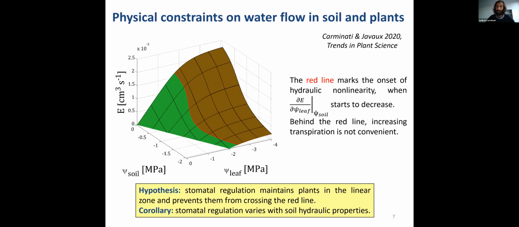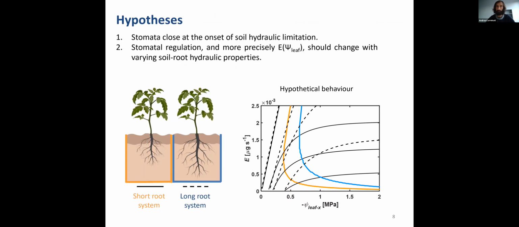There is a consequent hypothesis, a corollary to the hypothesis that stomatal regulation maintains the plant in the linear zone, which is that stomatal regulation then varies with varying soil hydraulic properties. It means that if this hypothesis is true, if I change the soil properties or if I change the root system, I will have a different stomatal closure.